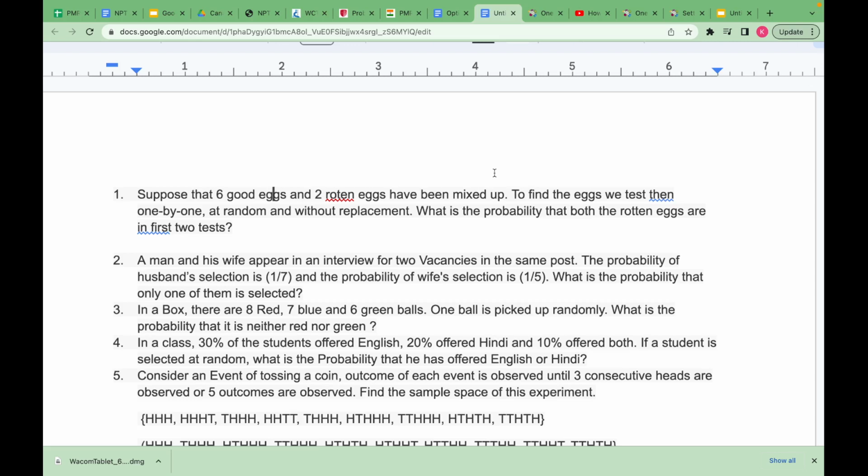Can you guys try this for 1 minute, and if not, then I will anyway solve it. But I want you all to try this first, and let me know your answers in the chat box.